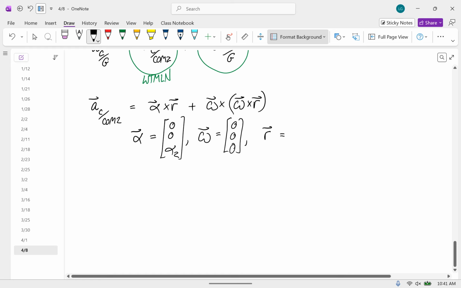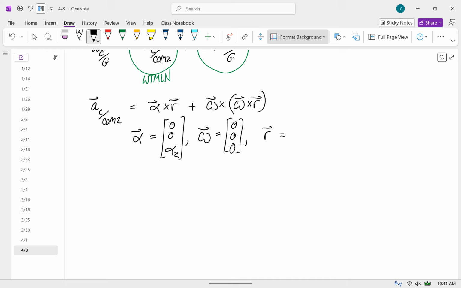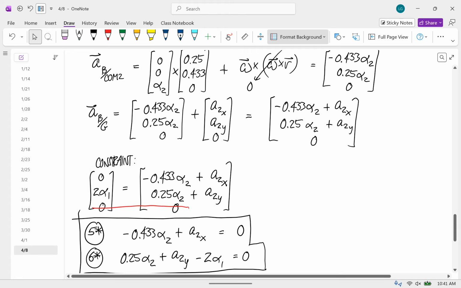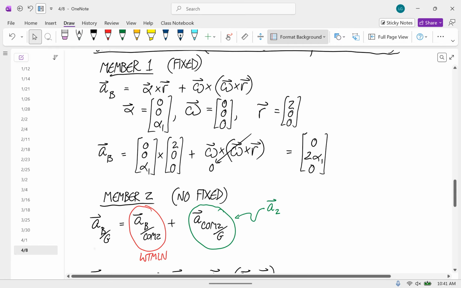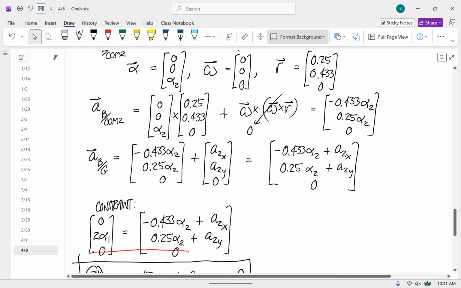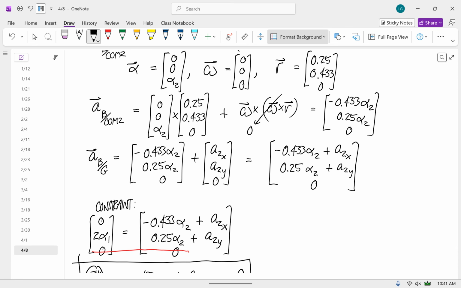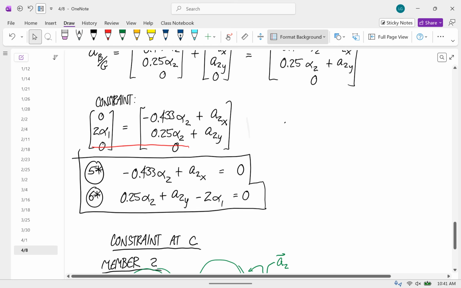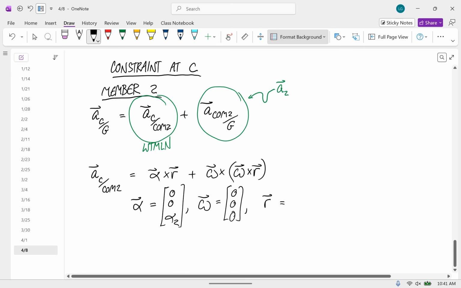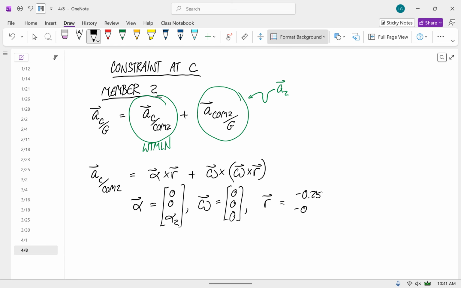The point we care about is C. So you could go 240 degrees, or you could go negative 120 degrees, or you could recognize that it happens to be the exact opposite r vector of that we used in the first constraint equation. But r is equal to negative 0.25, negative 0.433, 0.